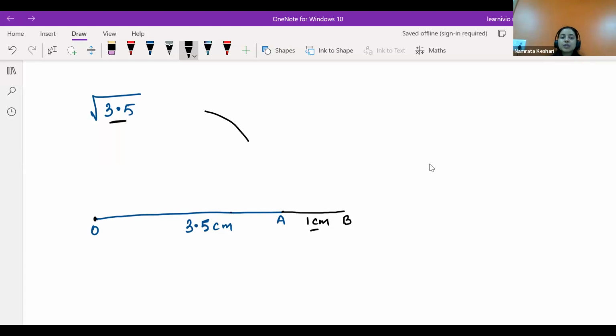Make an arc over here, make an arc over here, and then cut that arc by keeping the needle at point B. This way you are dividing the line in two equal parts. Do it. Everyone done? Yes, ma'am. Okay.